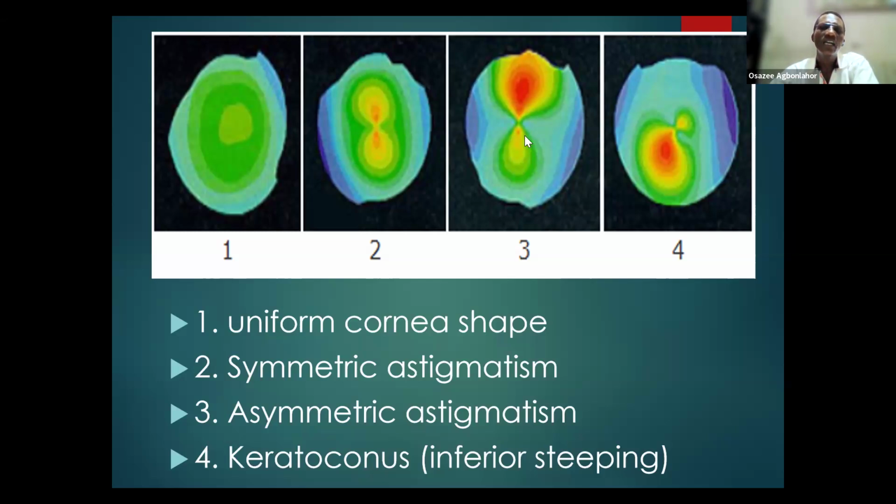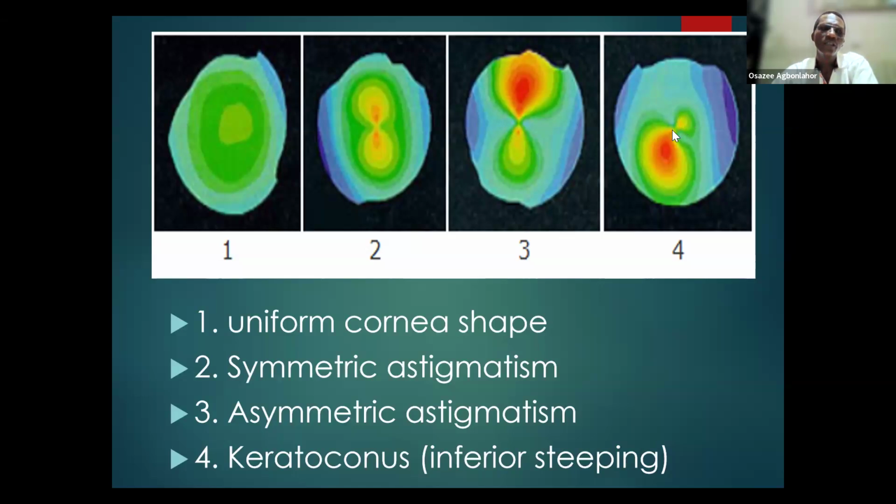In 3, what you had is non-symmetrical. We call this non-symmetrical bow tie, where you have a superior steep bow tie, and here you have an inferior steep bow tie. It's also asymmetrical in nature, not symmetrical. As you can see here, the inferior is steeper than the superior.